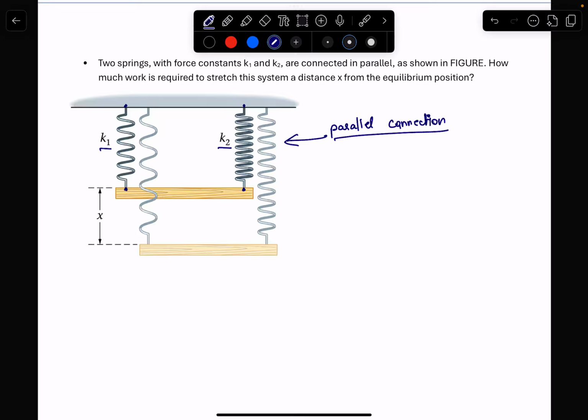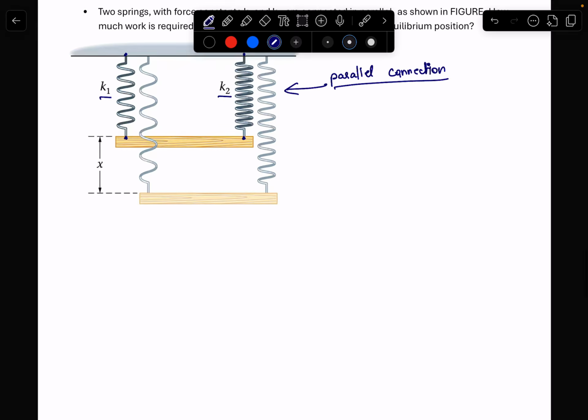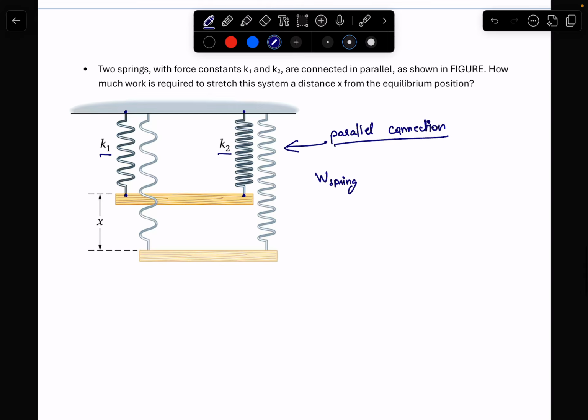All right. How much work is required to stretch this system a distance x from the equilibrium position? Let me first write the work done. If I am the person applying the work, I have to do the opposite of this work.